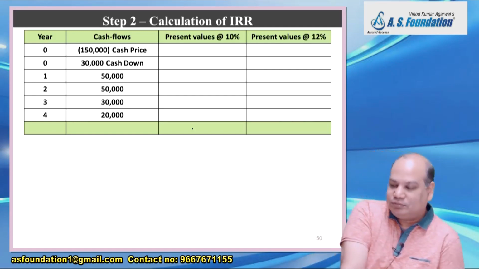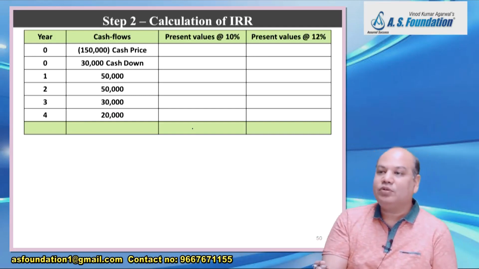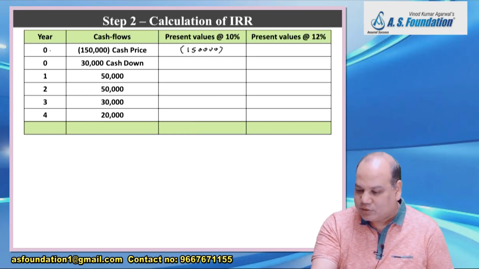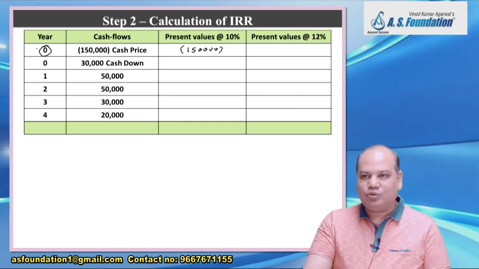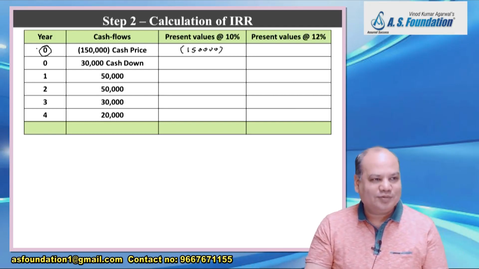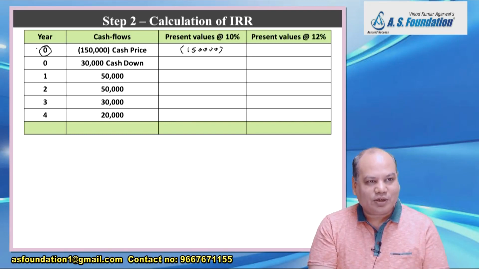Is it right? So what will be the present value of 1,50,000? It will be 1,50,000 only, because the time is not there. Today 1,50,000 will be 1,50,000 only. There has to be a gap between the two events for interest to be calculated.